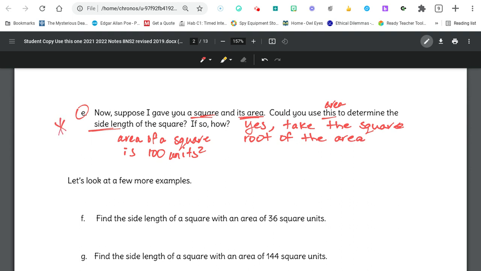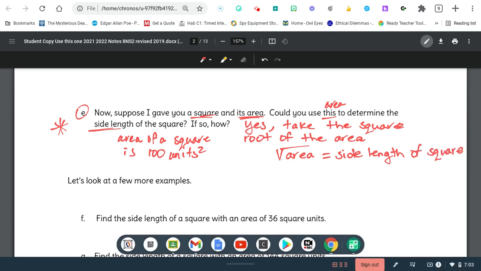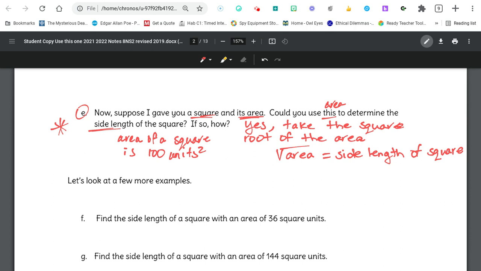Okay, this is very, very important, guys. If you take the square root of the area, you end up with the side length of the square. And pause the video if I'm going too fast.